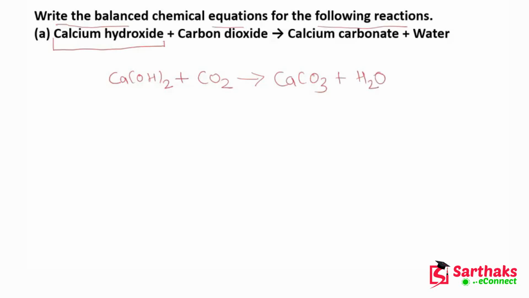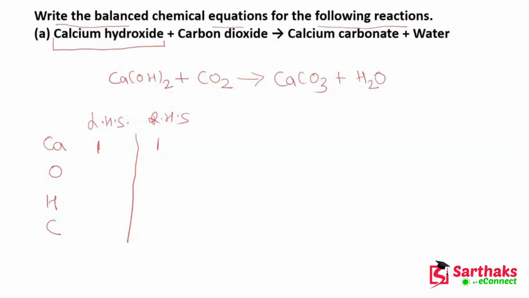Now guys, we have to balance this chemical equation. First of all, we have to check whether this reaction is actually unbalanced or not. So this is calcium, this is oxygen, this is hydrogen, and this is carbon. This is the LHS and this is the RHS. On the reactant side there is one atom of calcium, and on the RHS there is also one.